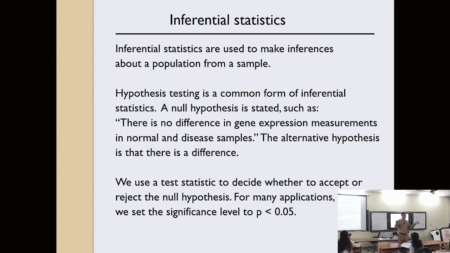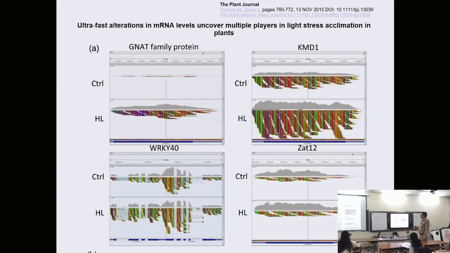So hypothesis testing, statistical significance. And here is an example from a paper that we published in 2015. You can see the reads that were mapped onto different genes, shown in colors.